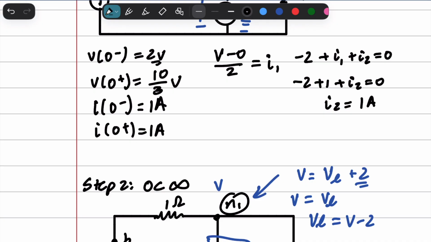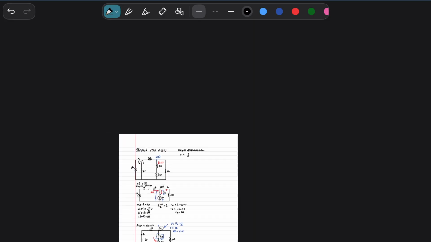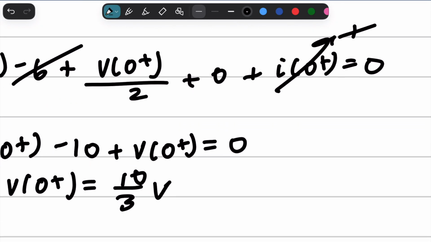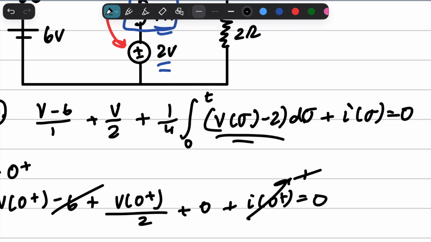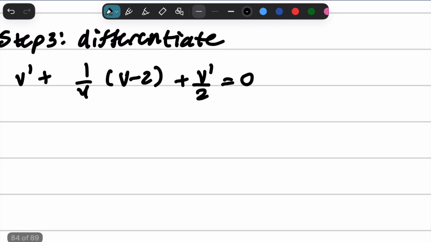We know that permanently, okay? So we're going to get V prime plus 1/4 and then it's just going to be the integrand. So we're actually going to include that V minus 2 plus V prime over 2 equals 0. Multiply both sides by 4.